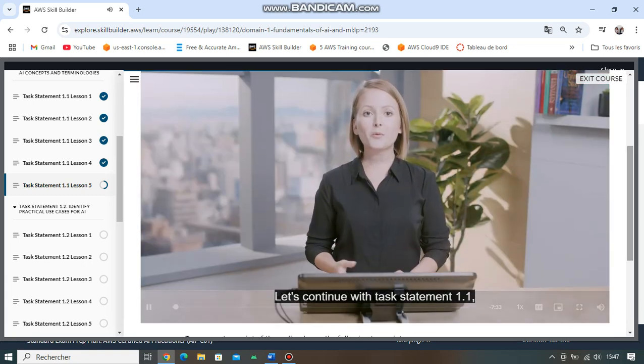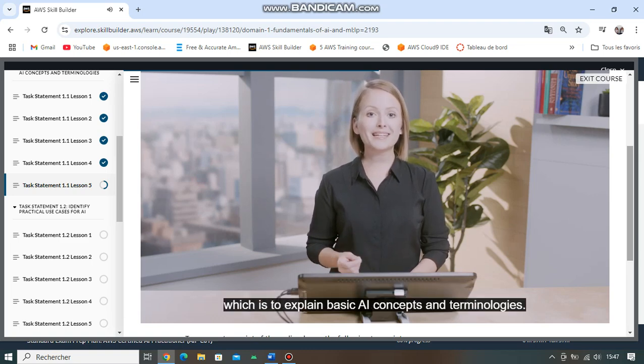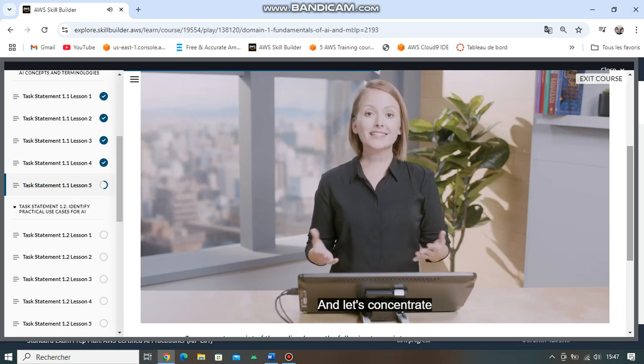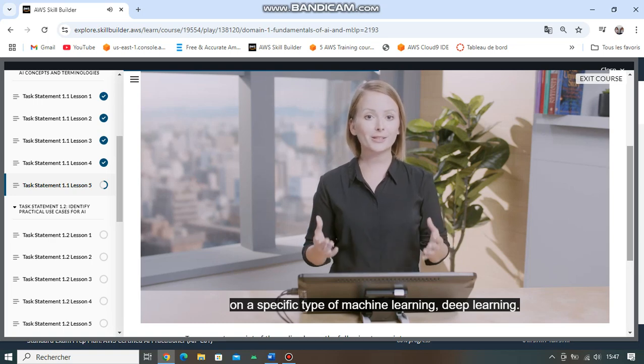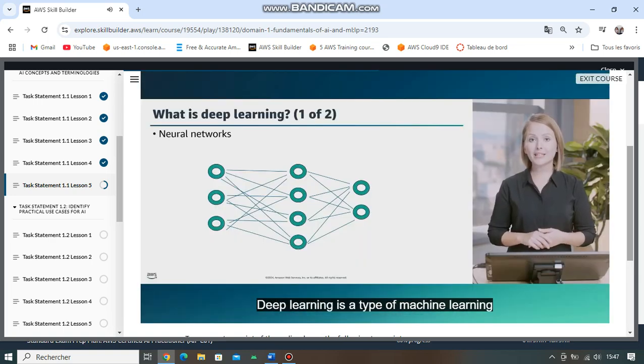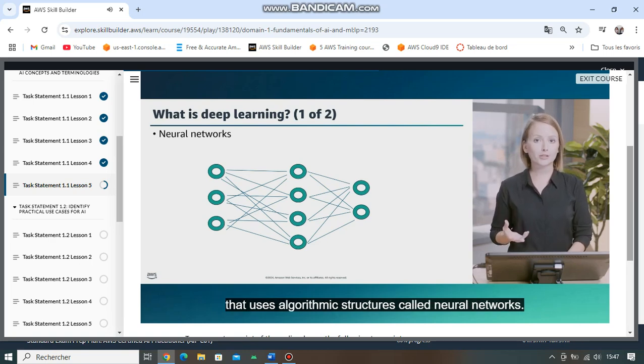Let's continue with task statement 1.1, which is to explain basic AI concepts and terminologies. And let's concentrate on a specific type of machine learning, deep learning. Deep learning is a type of machine learning that uses algorithmic structures called neural networks.